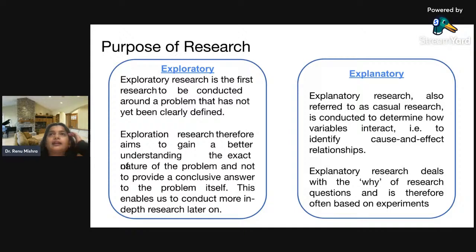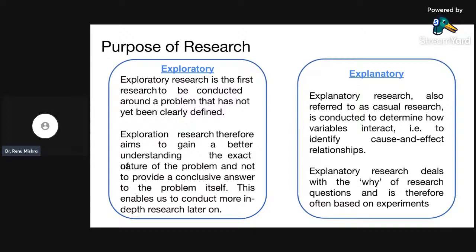If I say that I want to understand the influence of AI on digital marketing activities, the effect of AI on digital marketing, that means I'm explaining further about AI. That becomes explanatory. It becomes very easy for us to tell whether it is explanatory or exploratory research if we understand what exactly explanatory and exploratory researches are.